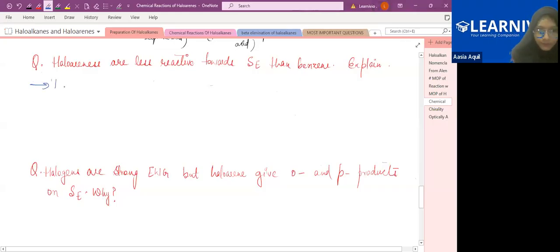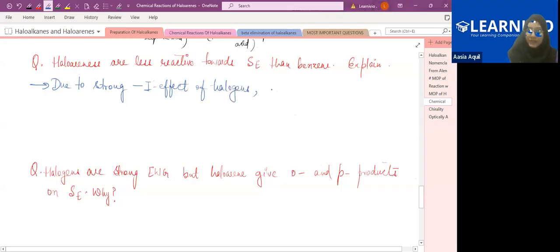So due to strong minus I effect of halogens, the electron density in benzene ring decreases.